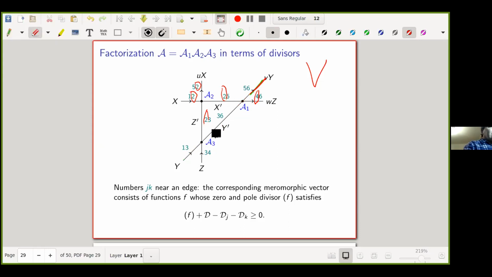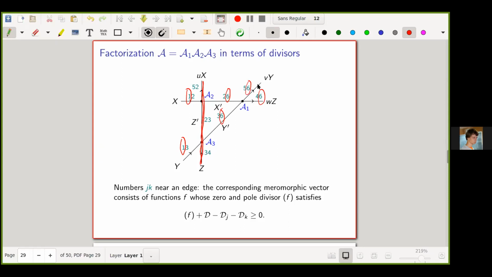Now take one more line. Let it be this. To the left of it, you have always this divisor number 1, giving restrictions, and to the right of this line, you have everywhere these restrictions number 6.